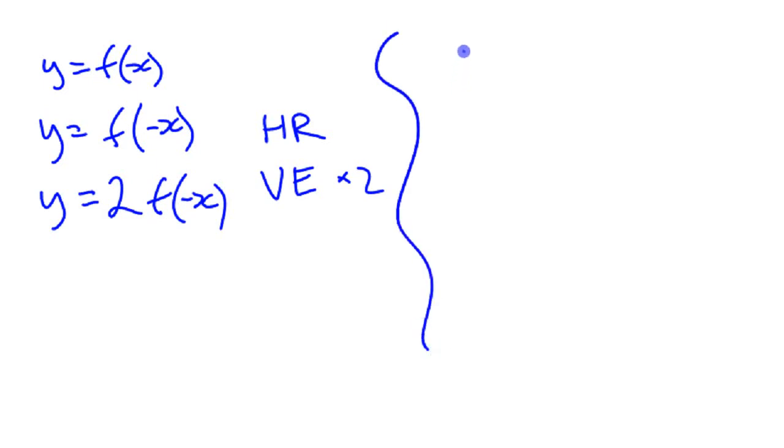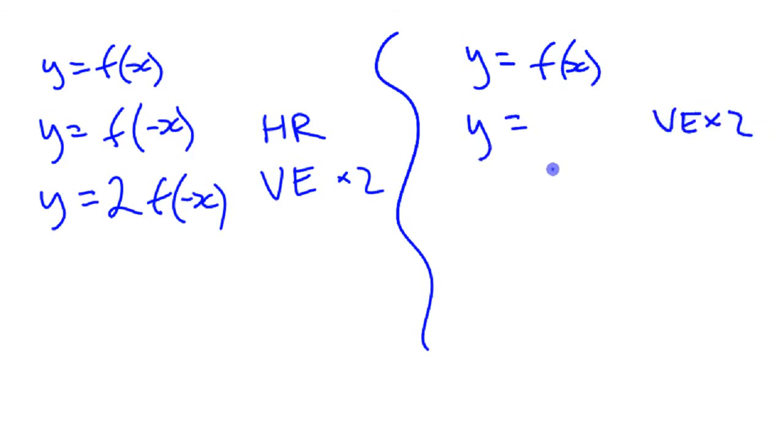If we did it the other way, in other words, if we started with y equals f of x, and then we did the vertical expansion times 2, and then we did the horizontal reflection, see the difference that we get, if any.